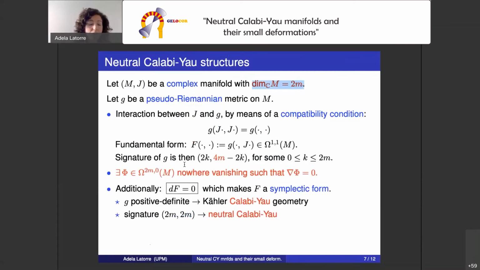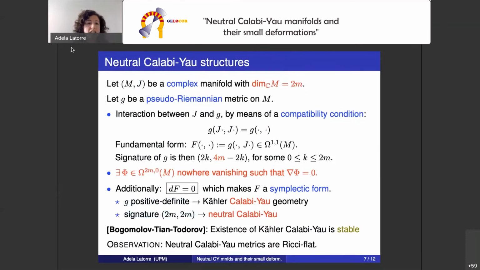And we also need to find a form of bidegree (2,0), nowhere vanishing, which is parallel with respect to the Levi-Civita connection of my metric. So once again, when g is positive definite, then we talk about Calabi-Yau geometry. And when we focus on this signature here, neutral signature, we can talk about neutral Calabi-Yau structures.